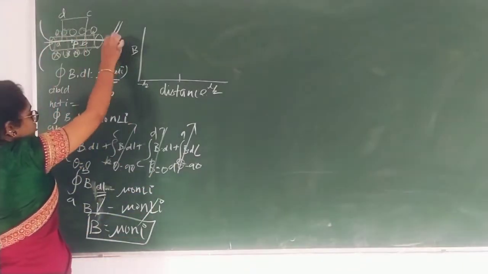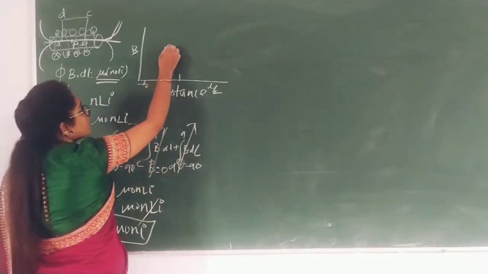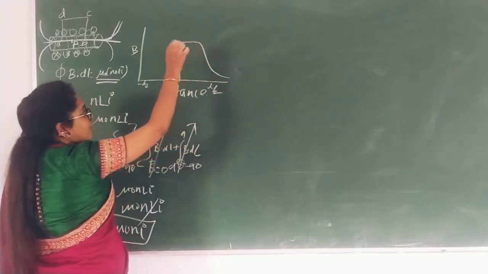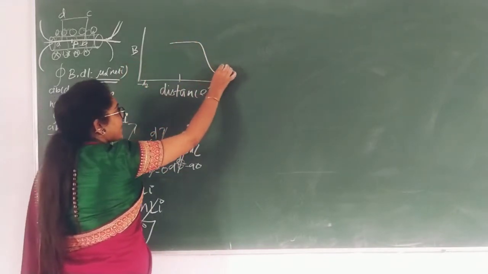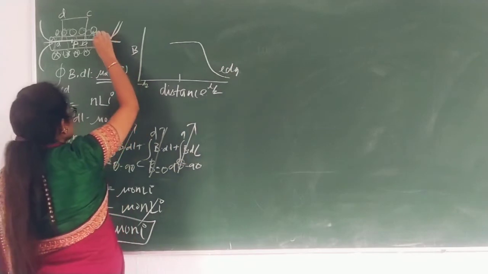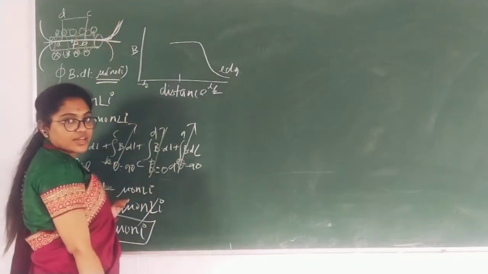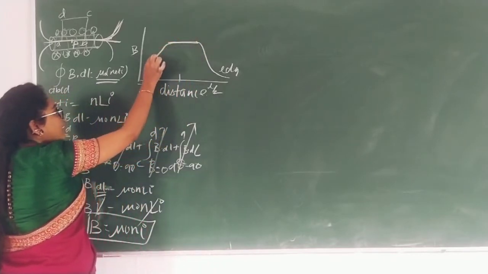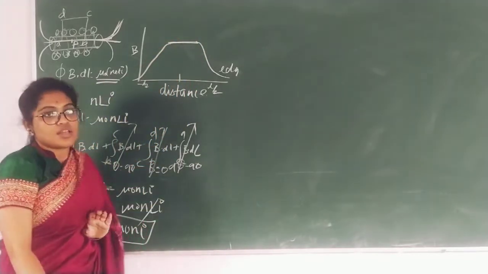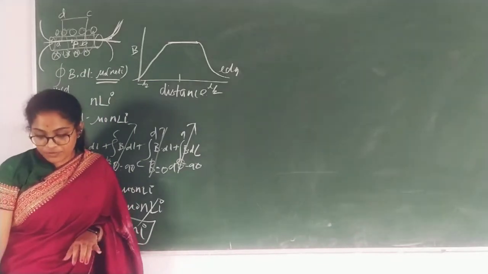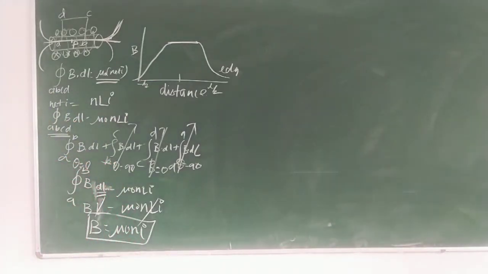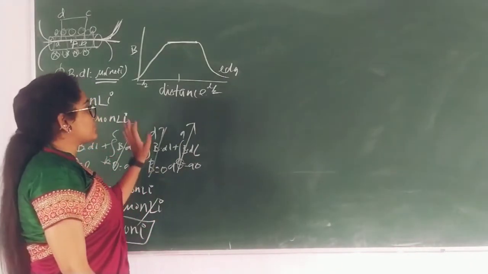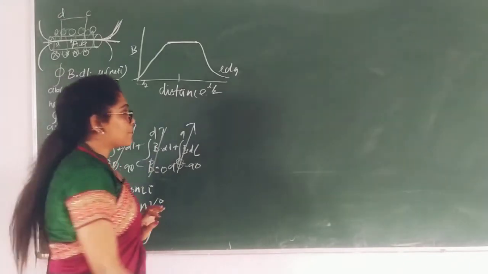Inside it is straight, but when you come to the edge, it starts decreasing, on this side too. If they ask you for the graph of how the magnetic field varies with distance, you should draw it like this.